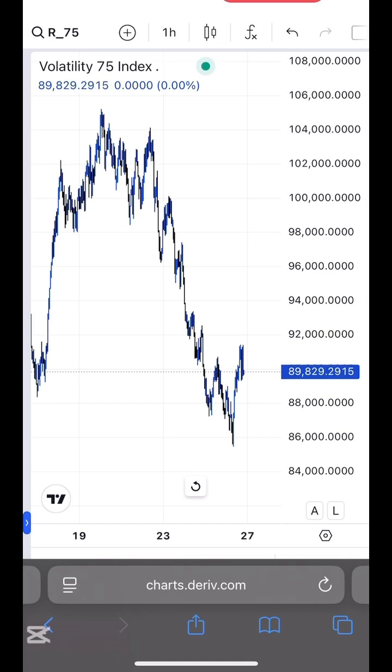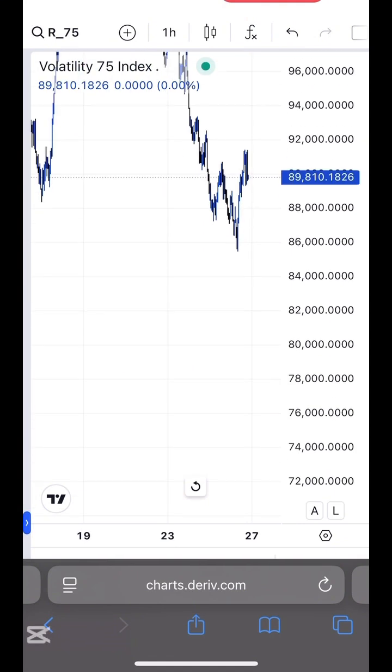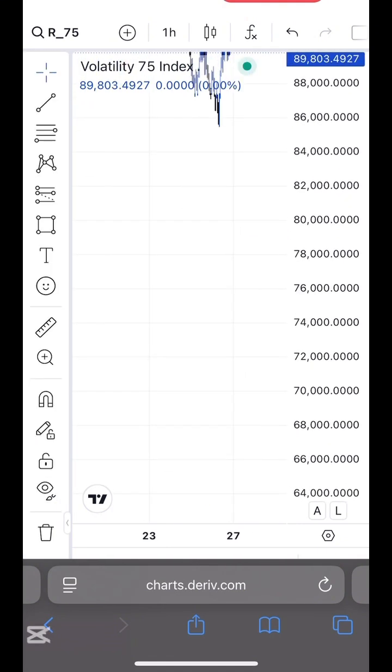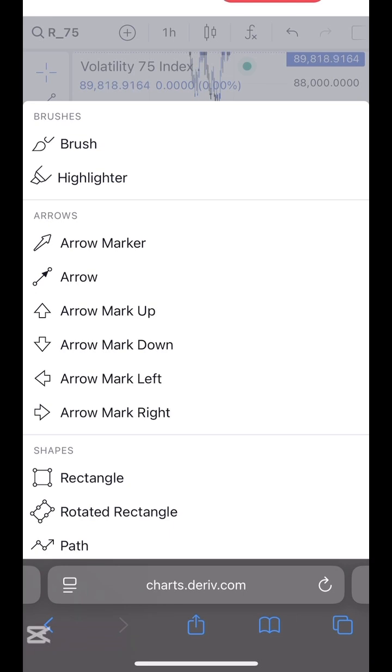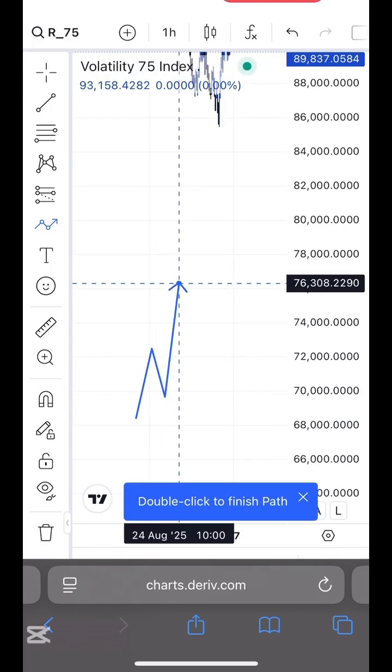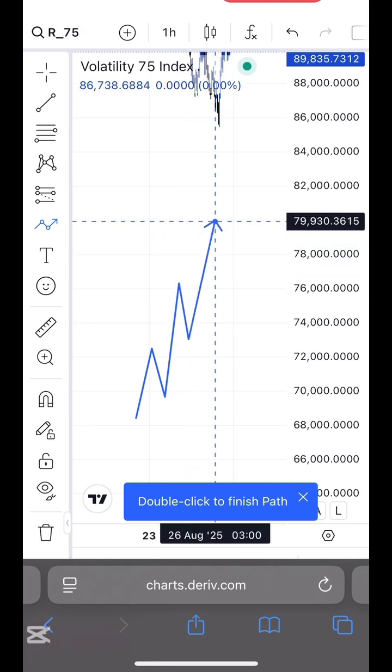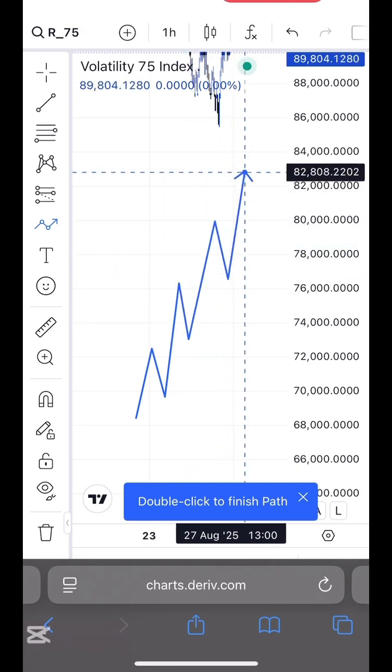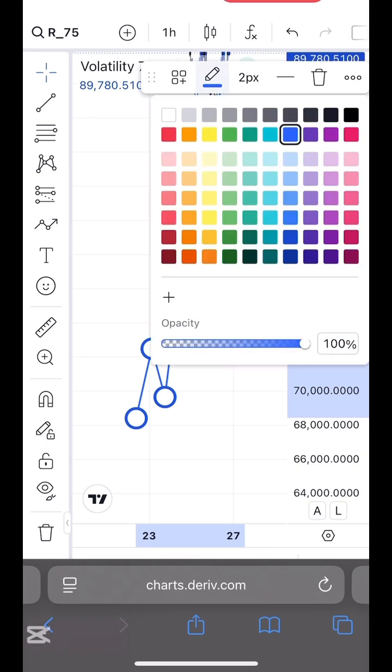Firstly, you want to know the trend of the market, which is either an uptrend or a downtrend. When the market is making a series of higher highs, higher lows, continuously breaking structure, that is an uptrend.